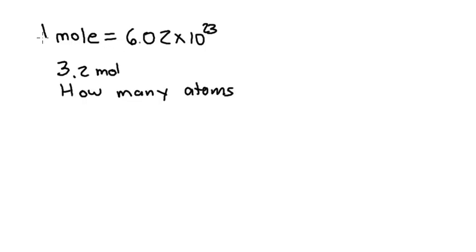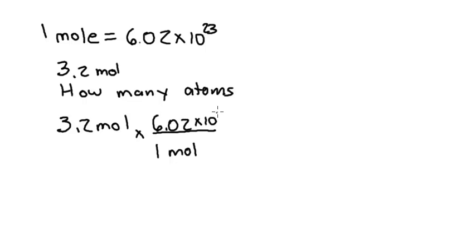So I can always multiply by 1 mole over 6.02 times 10 to the 23rd, or by 6.02 times 10 to the 23rd over 1 mole. Either way, I'm multiplying by 1. So if I take 3.2 moles and I multiply, I'll put 1 mole down here so that my moles cancel, and 1 mole is equivalent to 6.02 times 10 to the 23rd.